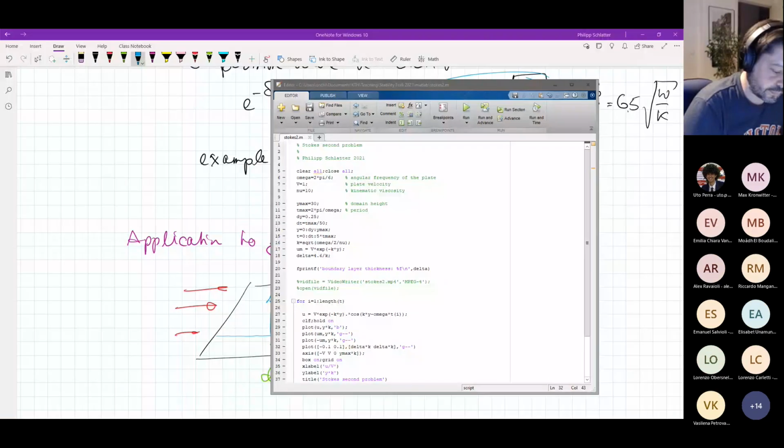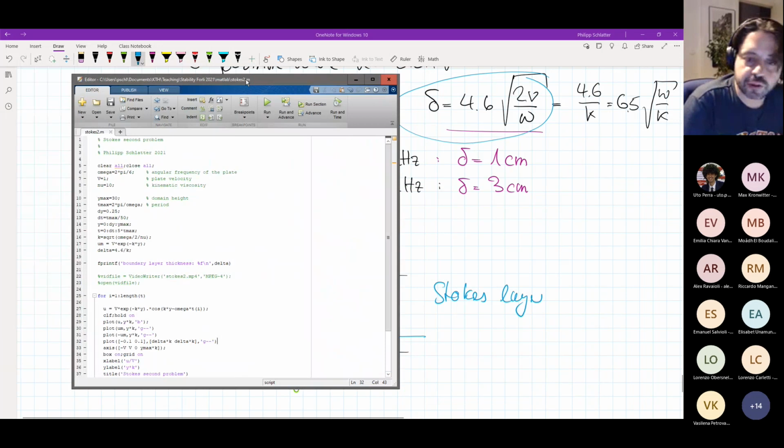So I guess I have to share the screen like this. So if everything goes well, you should be able to see my MATLAB window. Do you? Yeah. Yes.